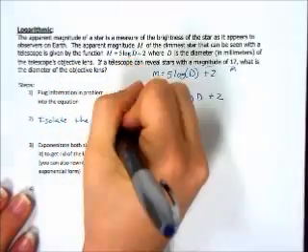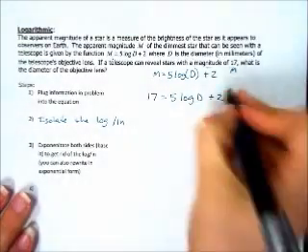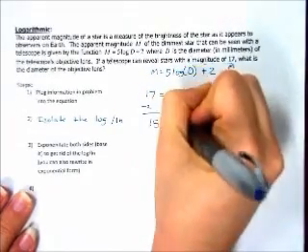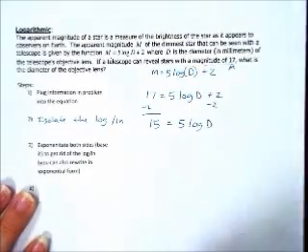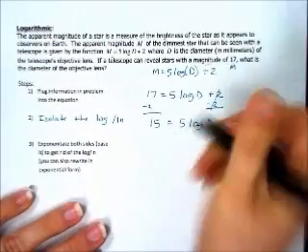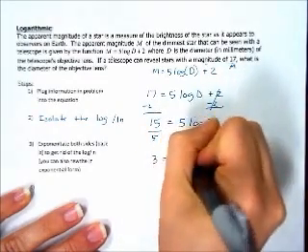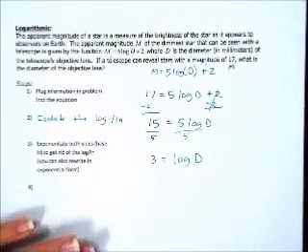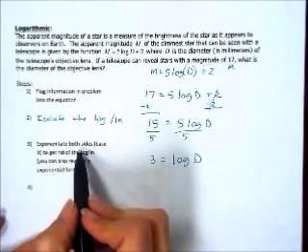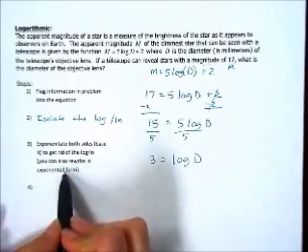The next step is to isolate the log, or the natural log if you have a natural log problem. So subtract 2: 15 equals 5 log d. We still want just the log, so divide by 5. You get 3 equals log d.